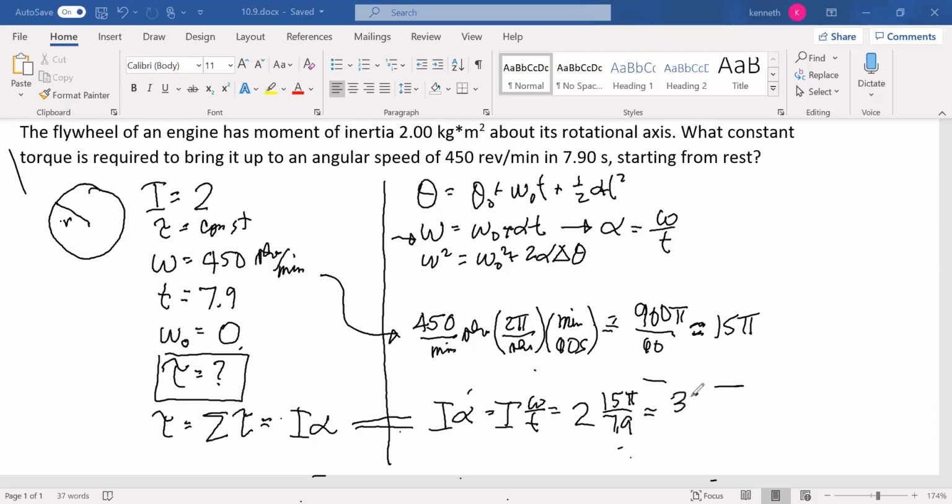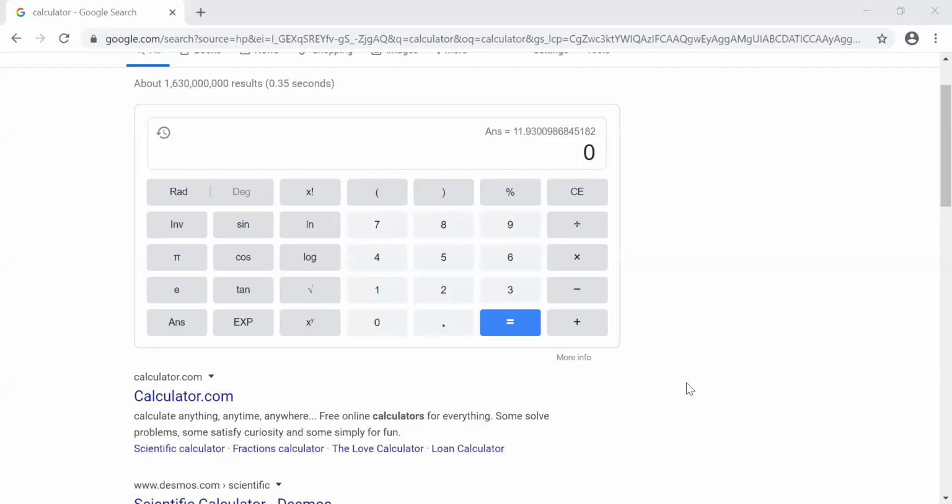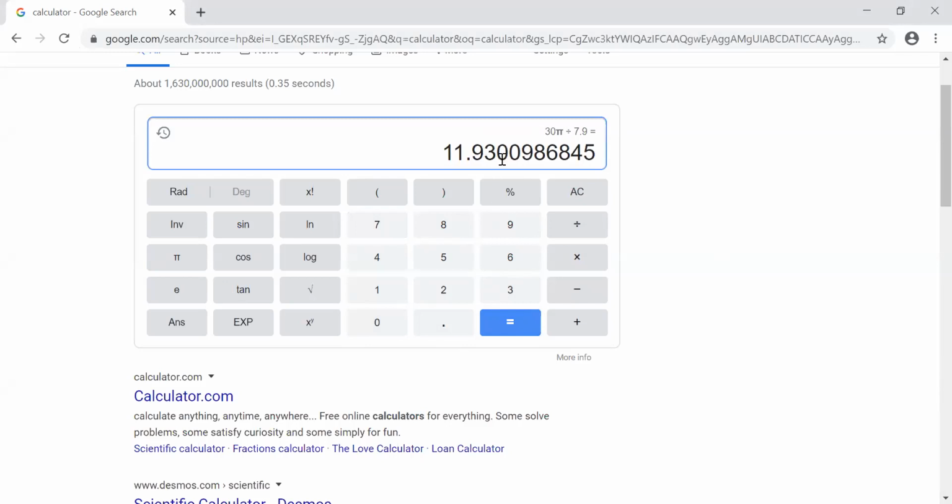What is that? 30 pi over 7.9 newton meters. Approximately, 11.93 newton meters.